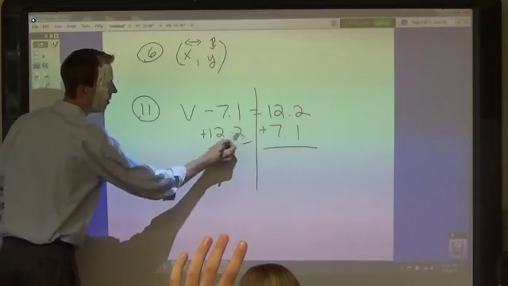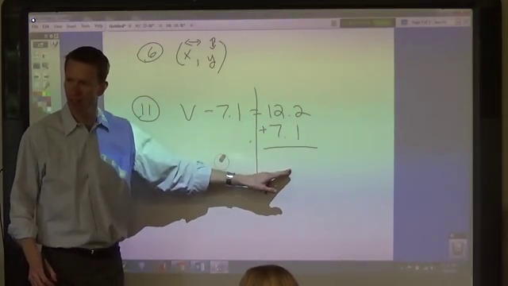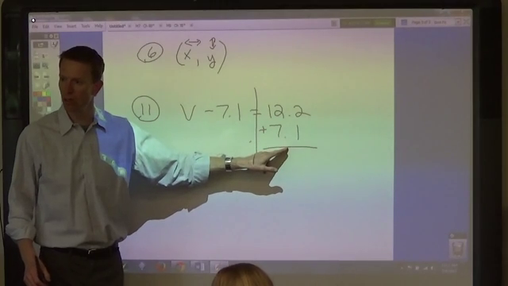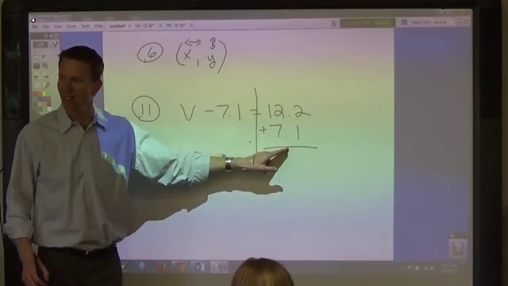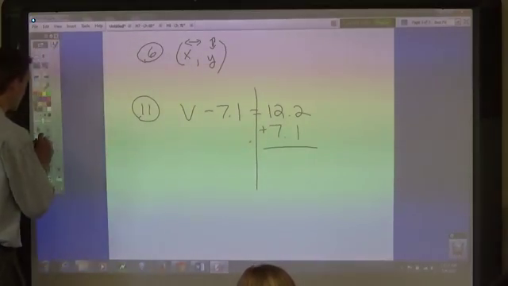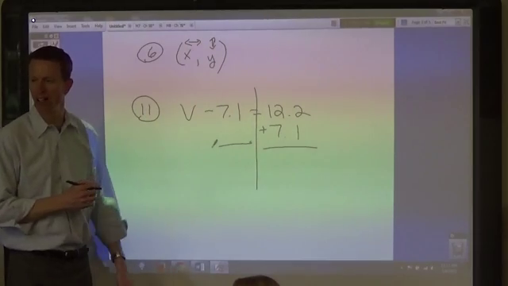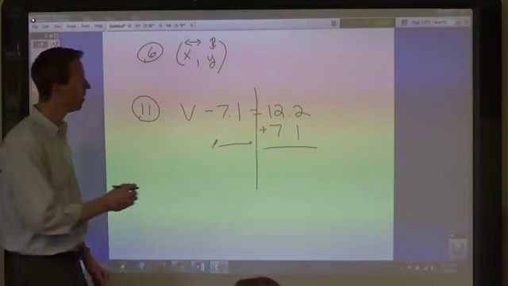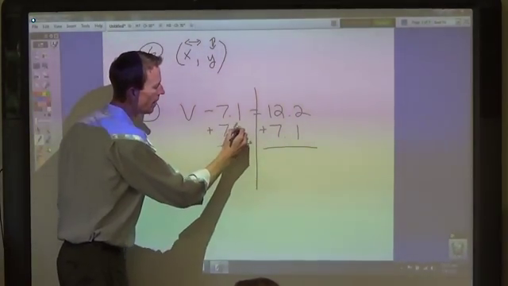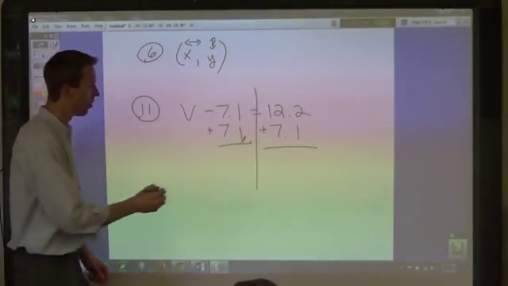And so Laura, if you said we add this to find the solution, then we have to add that to both sides, right? So add what? Add 7.1. What's negative 7.1 plus 7.1? 0.